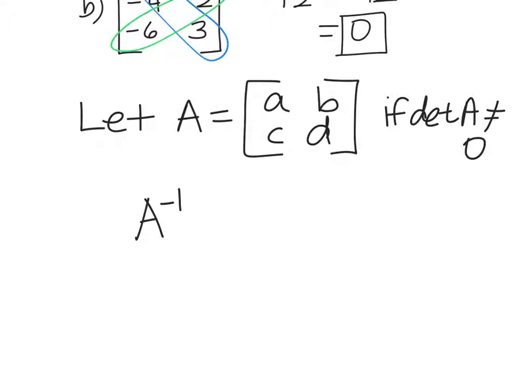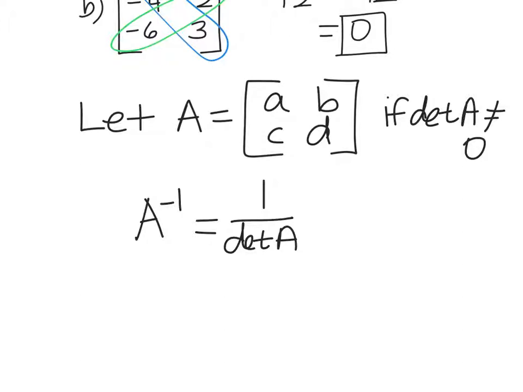A inverse. Do you remember that notation? A to the negative 1, that means inverse. A inverse equals this. 1 divided by the determinant of A. First of all, let's pause right there. Do you see why the determinant can't be 0? If it was 0, we would be dividing by 0. We're not allowed to do that.